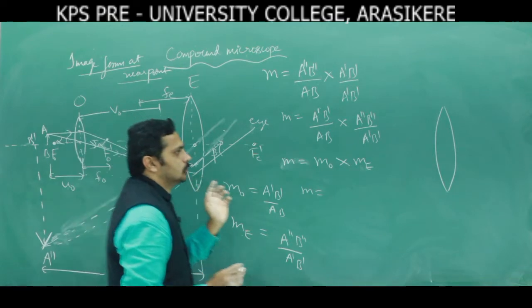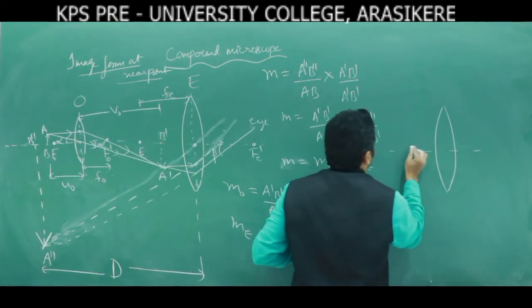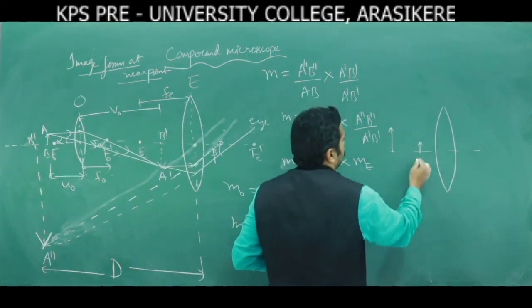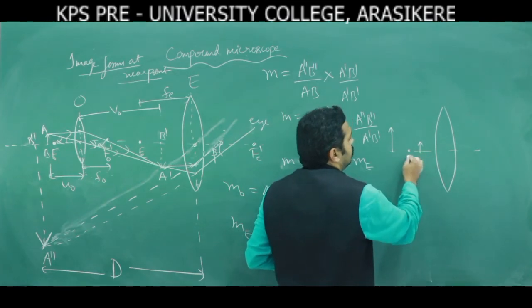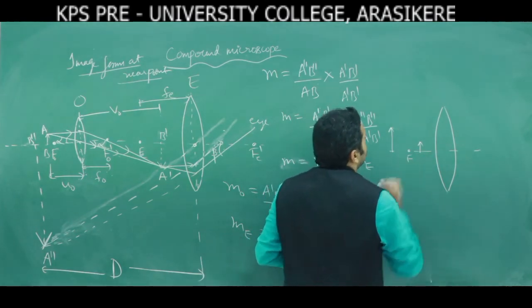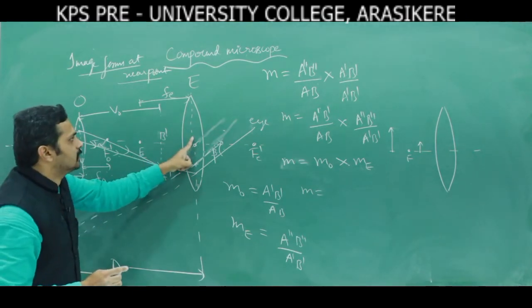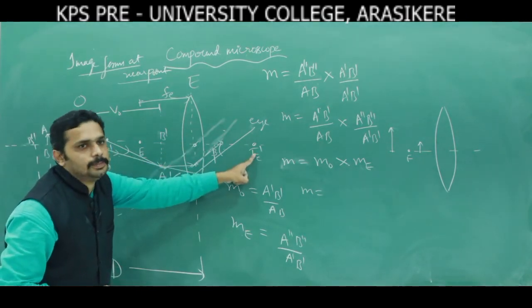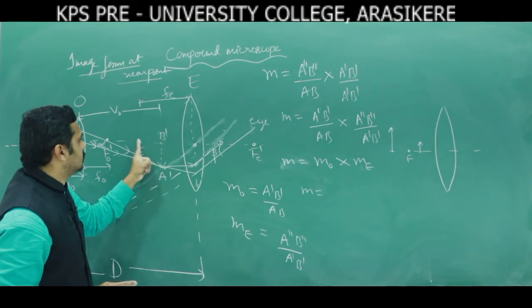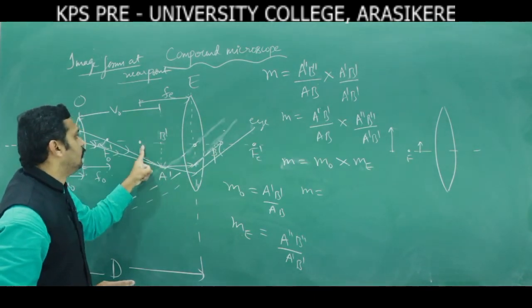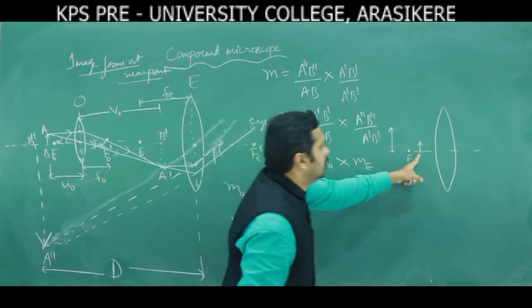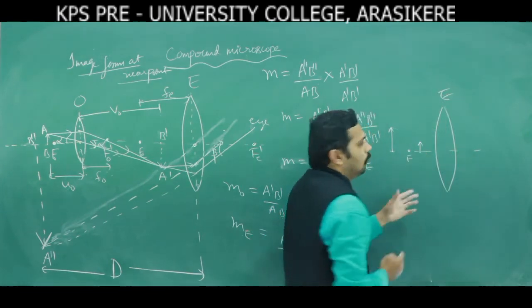For a simple microscope, the object is within the focus and we get the final image. This is the first focus point of the eyepiece lens, and the second focus point of the eyepiece lens. Here this image acts as an object, within the focus of the eyepiece lens.